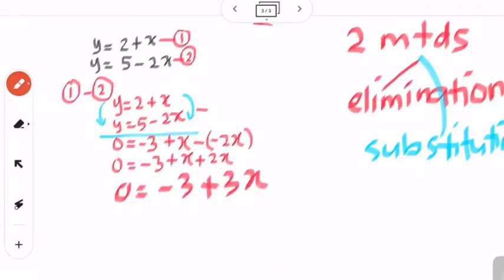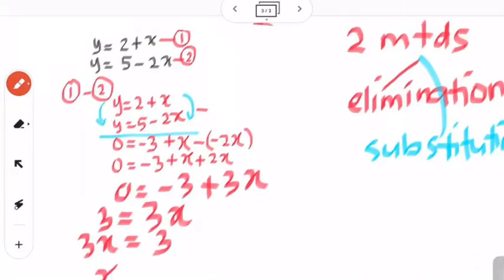Okay, kita nak cari x. Apa nak buat? Pindahkan lah. So 3 equals to 3x. Ataupun 3x equals to 3. Jadi x equals to what? 1. X equals to 3 divide 3 equals to 1. X equals to 1. Faham tak setakat ni?